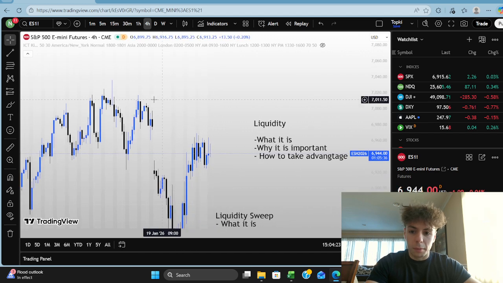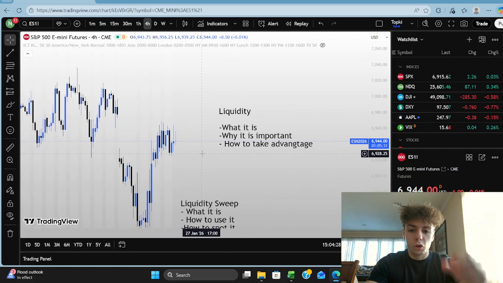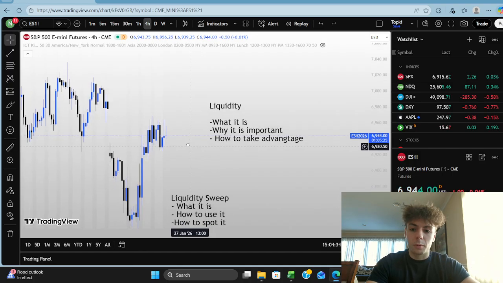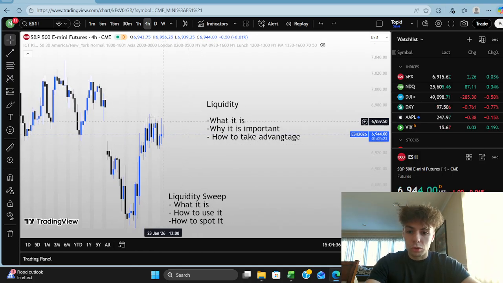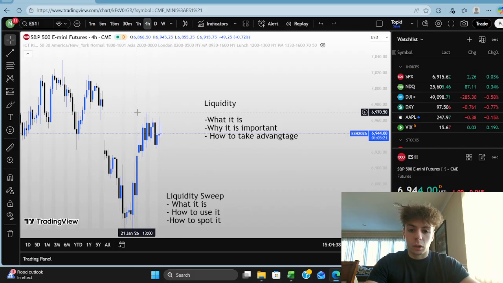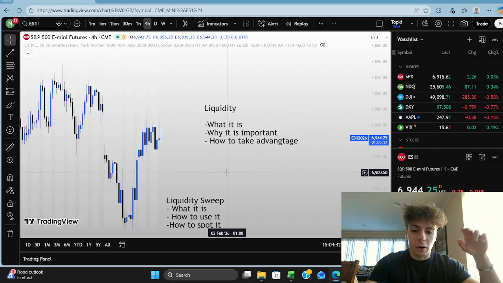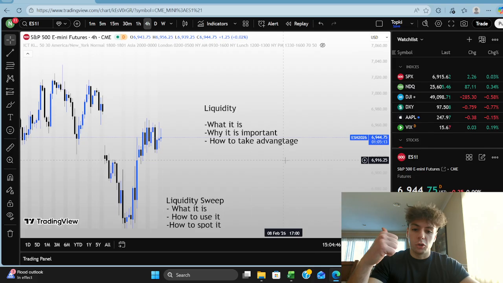Or would you put it at prominent highs like here, or here, or here? So liquidity is just where the most people put their stop or limit orders, whatever people put their most limit orders or stop orders, that is where liquidity lies. So that's why sometimes you see liquidity sweeps go and take out those certain spots and then go in reverse another way. So what is liquidity? Once again, it's just how many orders are lying in a certain spot.